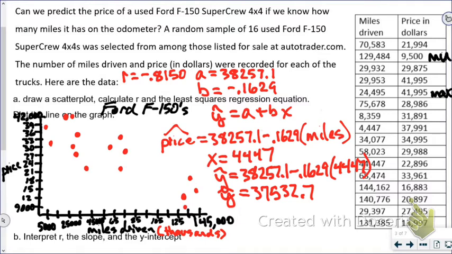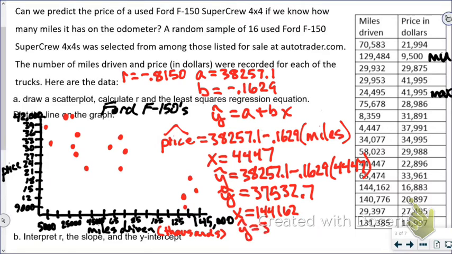Now, just for the sake of giving us a nice range to plot a point with, I'm going to pick the max. So you can pick any number in the data set though. 144,162, I think that was the max. Plug it in. I'm running out of room here.